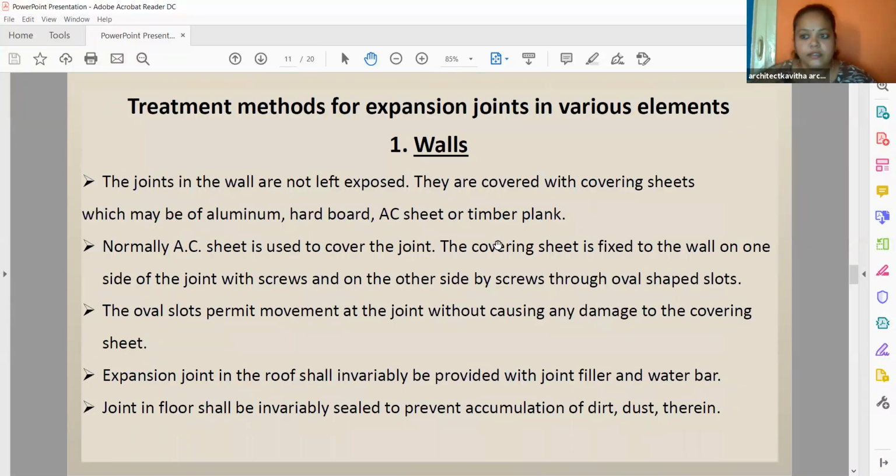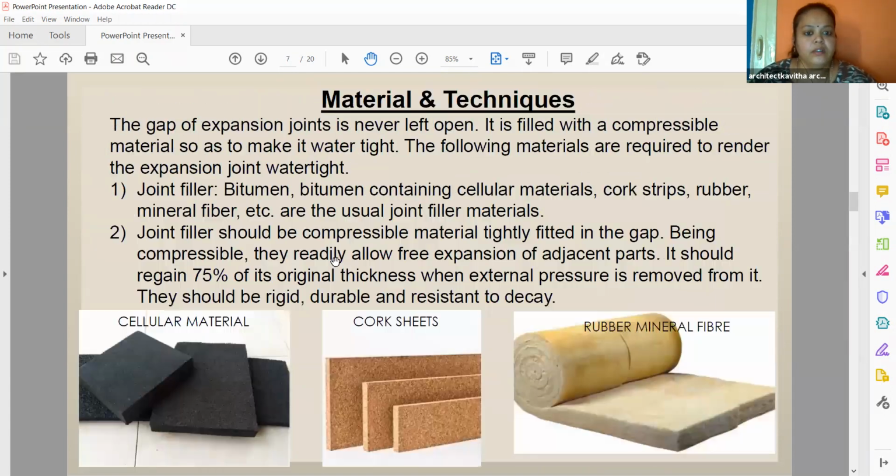Next we'll see is the treatment methods for expansion joints in various elements. So one, we saw all the materials. I'll just revise. So first one material was joint filler. It can be cellular material, it can be cork sheet, it can be rubber mineral. Or any new materials that come in the market which is compressible, you can use that.